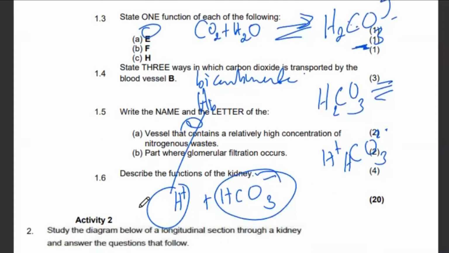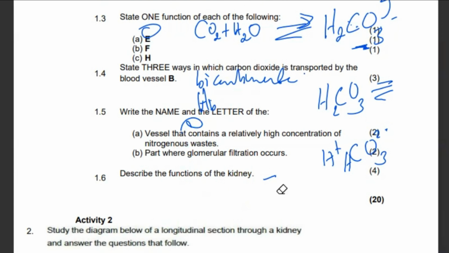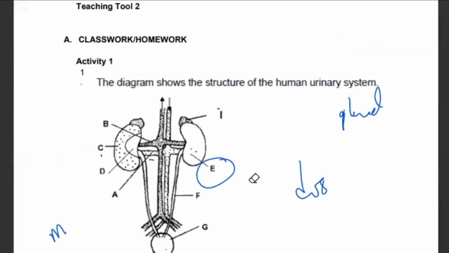So the next question. Write the name and the letter of the vessels that contain a relatively high concentration of nitrogenous wastes. We are looking at the one which brings blood.